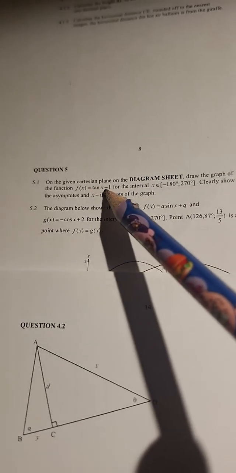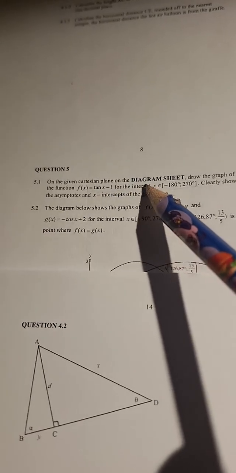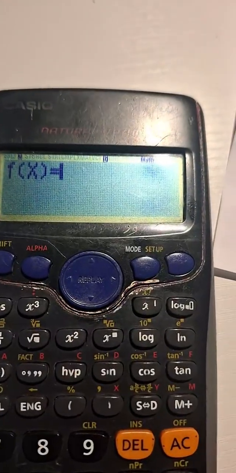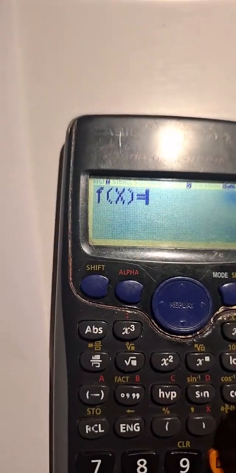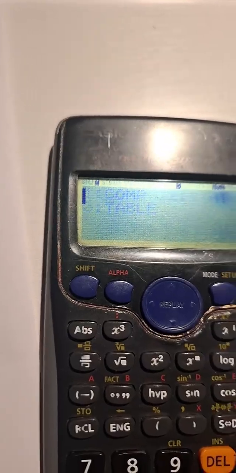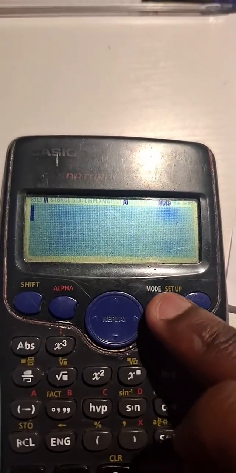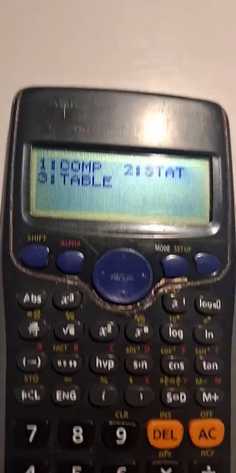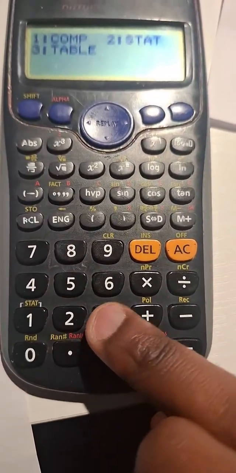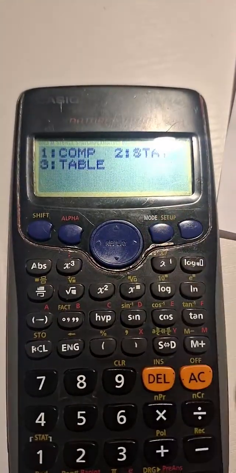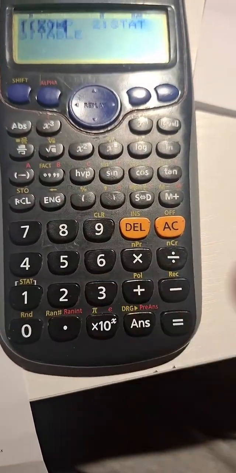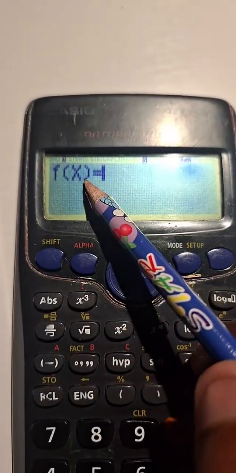So on the Cartesian plane, on the diagram sheet, draw the graph of the function f of x equal to tan x minus 1 for the interval negative 180 to 270. We are going to use our calculator to sketch the graph. We press mode, then we go to 3 because table says 3.